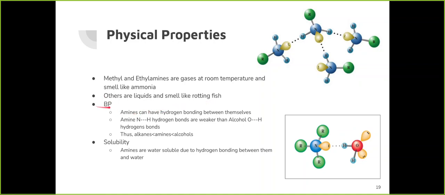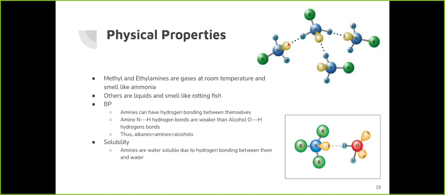Boiling point. This isn't blood pressure, it's boiling point. Amines can have hydrogen bonding between themselves. So you see here we've got an RNH2 and another RNH2. This hydrogen has a partial positive because of the very electronegative nitrogen with its lone pair of electrons, and this will have a partial negative.